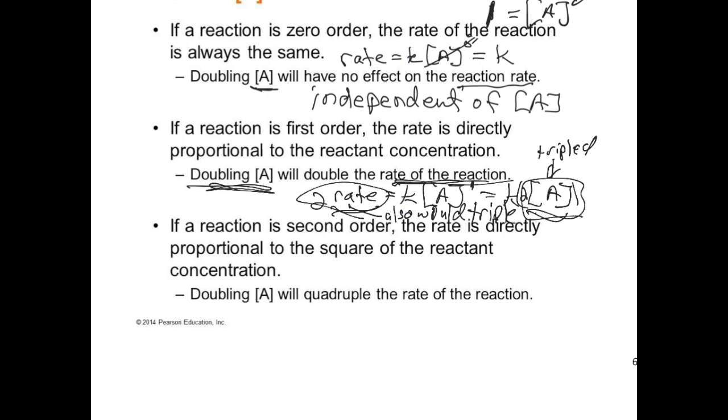Okay? So let's look at the last case that we're going to examine in this class, where the rate is equal to k times A to the second power. We call that second order. And what we're saying here, if we double the concentration of A, we would quadruple the rate of the reaction.